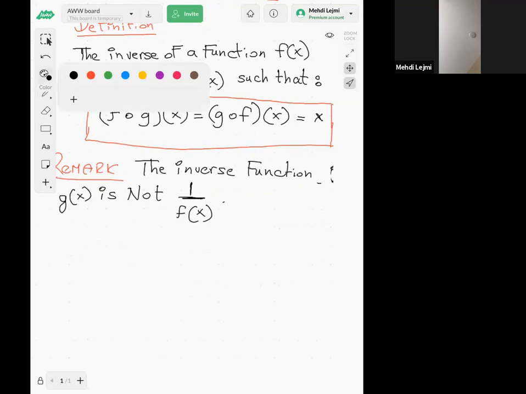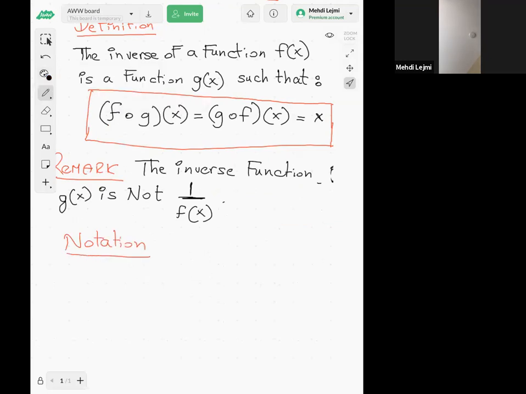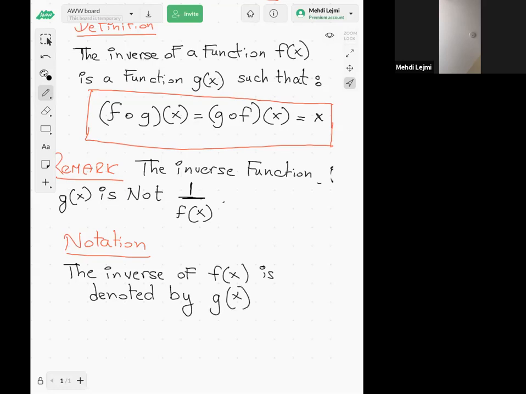So notation: the inverse of f of x is denoted by f to the power -1. That's how we denote the inverse. Okay, so f to the power -1.